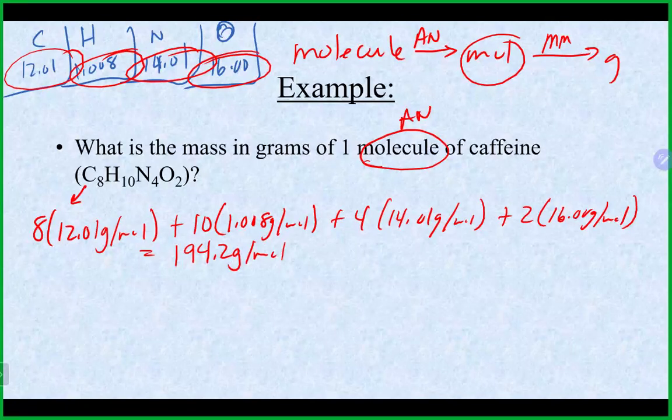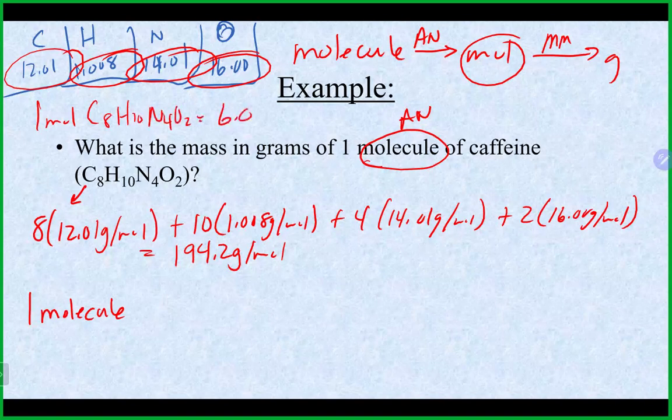We're going to start with our 1 molecule. And just like previously, we know that 1 mole of our caffeine will give us 6.022 times 10 to the 23 molecules, and that's our Avogadro's number. So opposites cancel, molecules on the bottom.